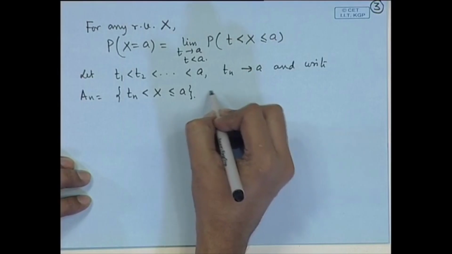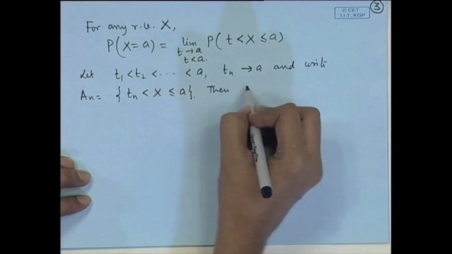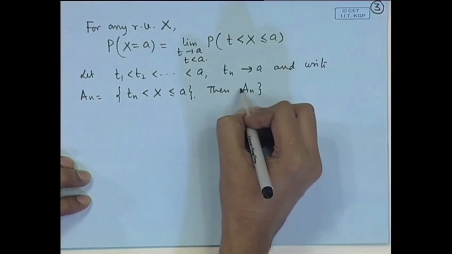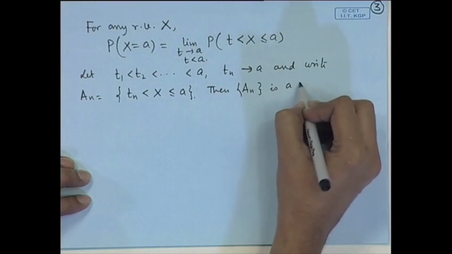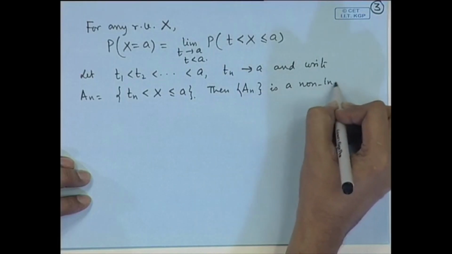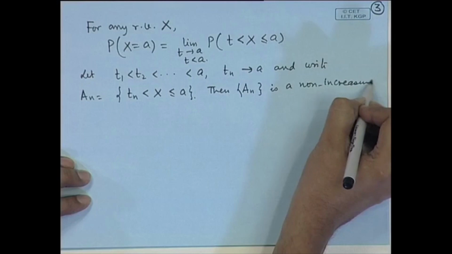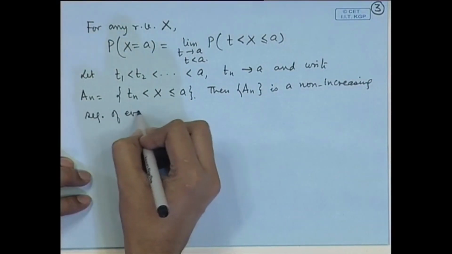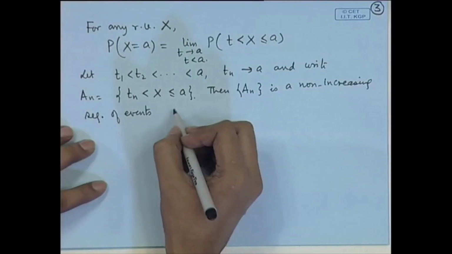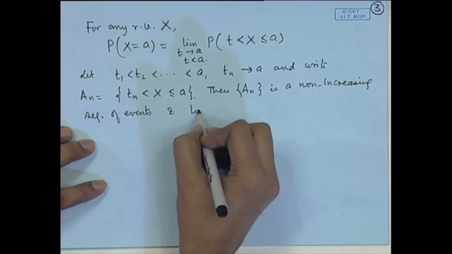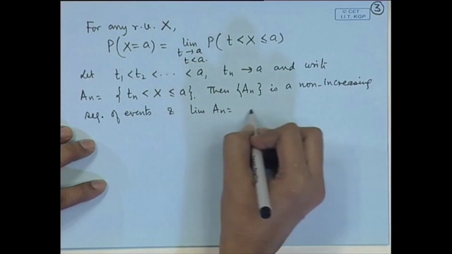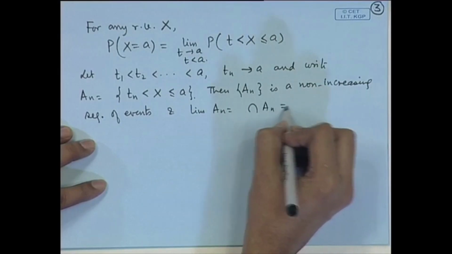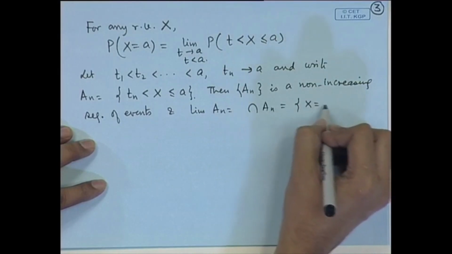Then this is a non increasing sequence, and the limit of A_n will be equal to the intersection of A_n, which is basically equal to X equal to a.